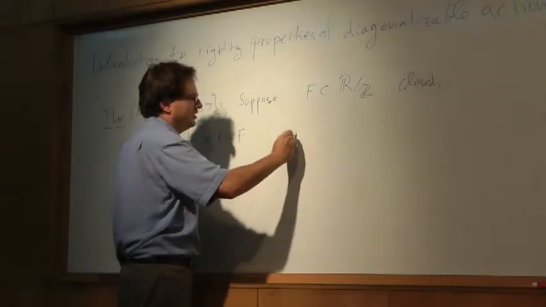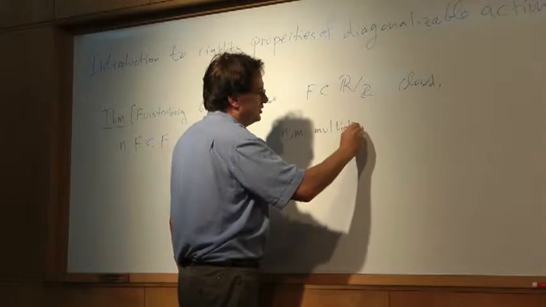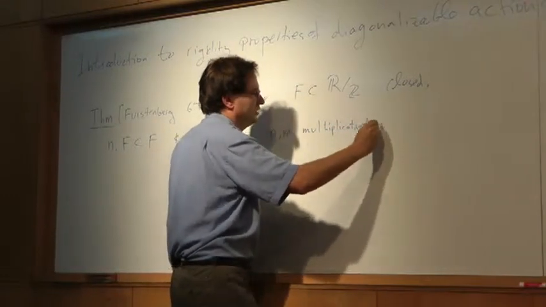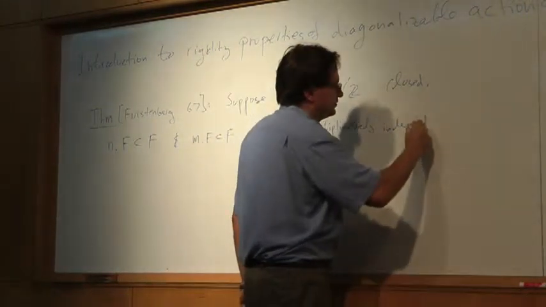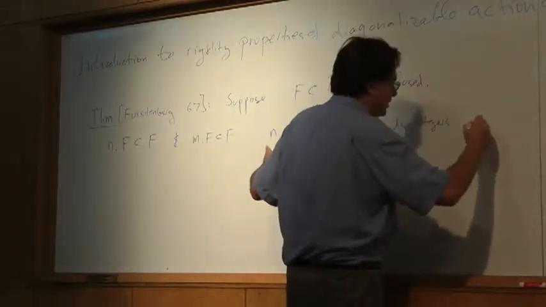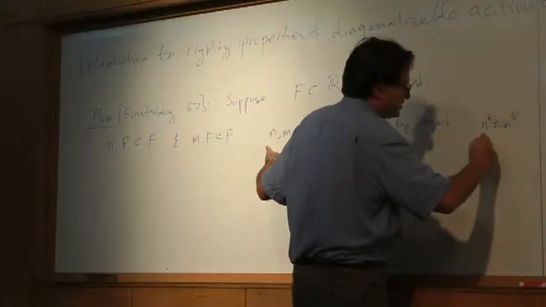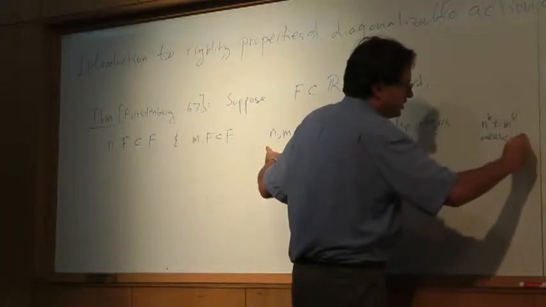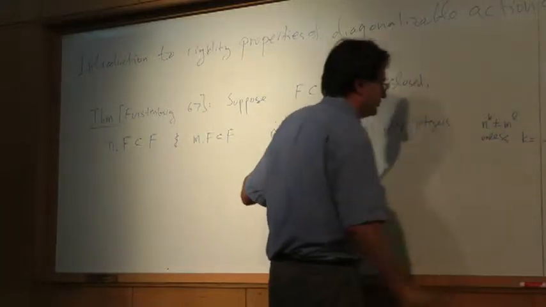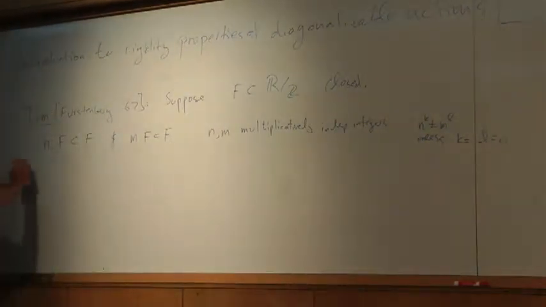So I'm going to say that n and m are multiplicatively independent integers, which for instance means that n to the k is not equal to m to the l for integers k and l, unless of course k and l are 0.